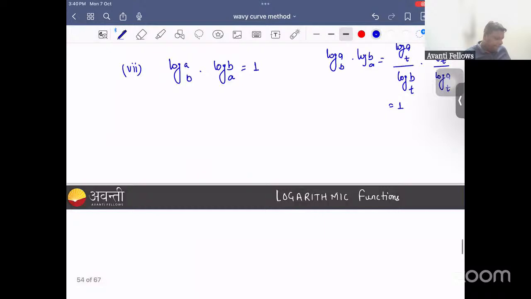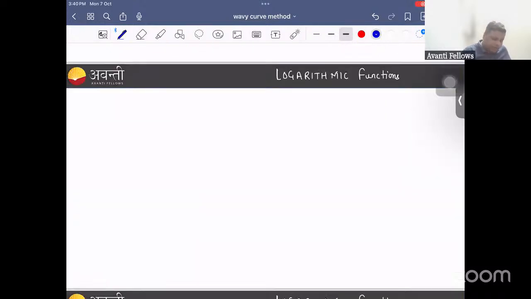Got it? Now we'll do some mixed questions for all the properties.